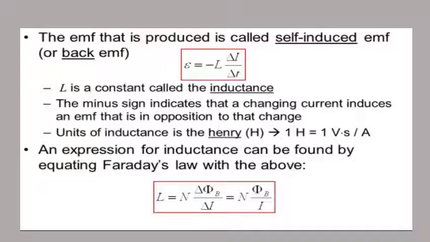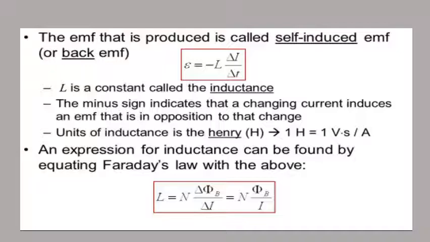But it has to stay in that same coil, so that current will flow in the opposite direction, because of Lenz's law. So the negative sign is because of the direction opposite to the original current, but it all happens in the same coil for self-induction.